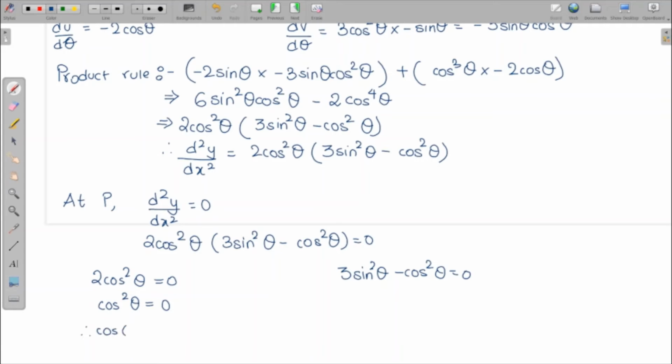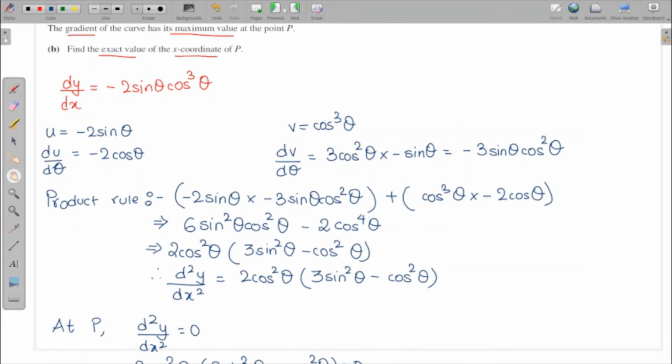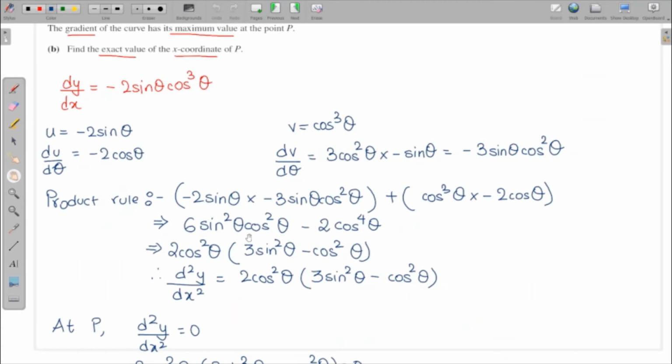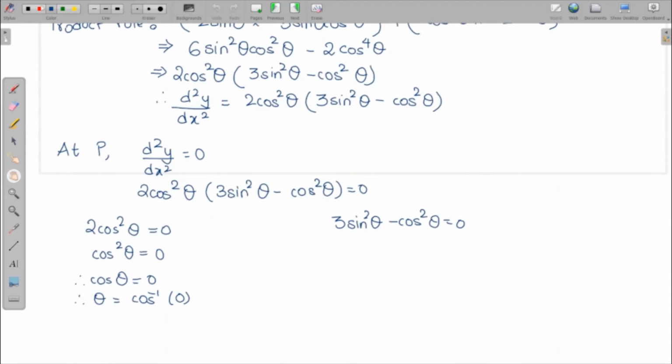Therefore, cos theta will be equal to 0. So theta will be equal to cos inverse of 0. Remember, they had also given us an interval and we have to use that interval in this question, and the interval was from minus pi by 2 to plus pi by 2. So let's write down the data as well. So minus pi by 2 less than theta less than plus pi by 2.